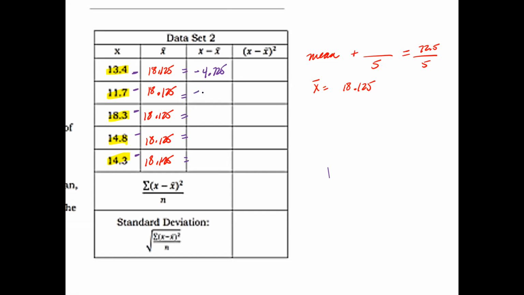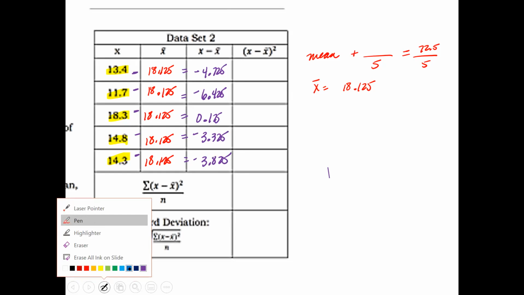Negative 6.425. 0.175, negative 3.325, and then negative 3.825.